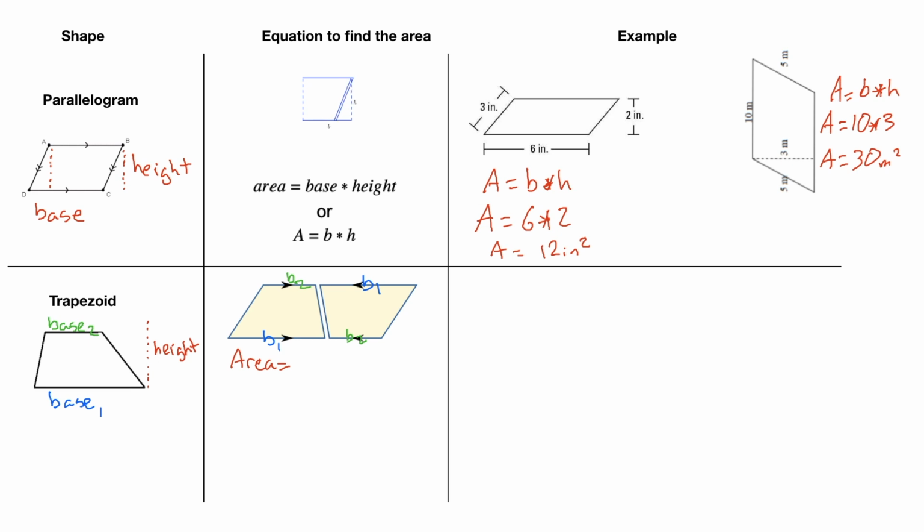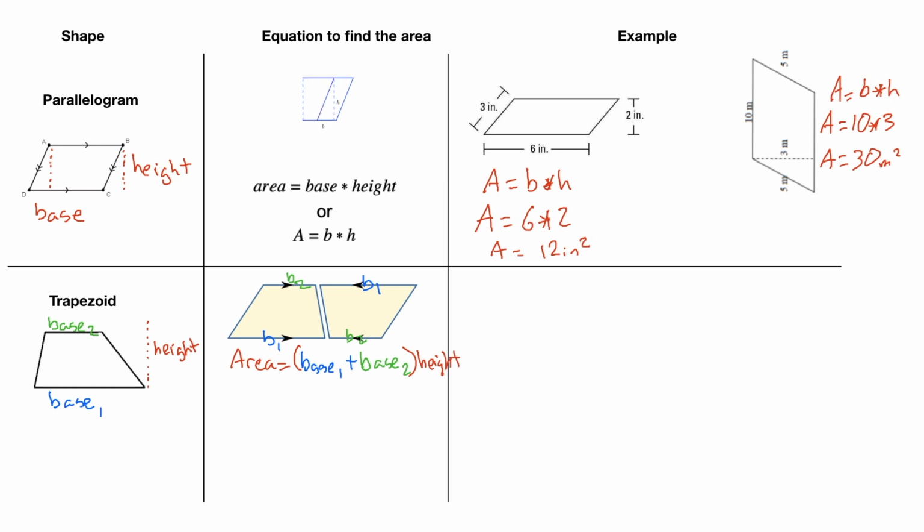So if we want to use the full base, like with a parallelogram, we're going to add these two together. So base 1 plus base 2. And then we're going to multiply that by the height.